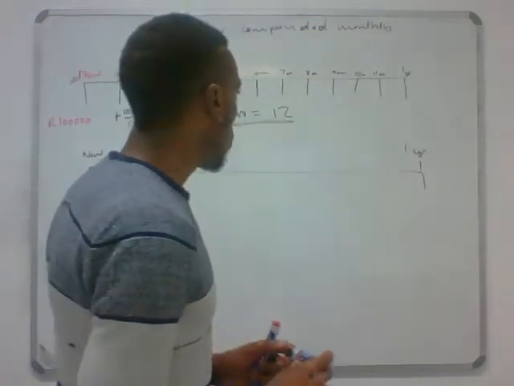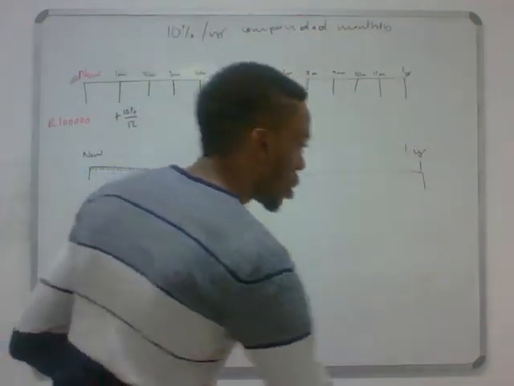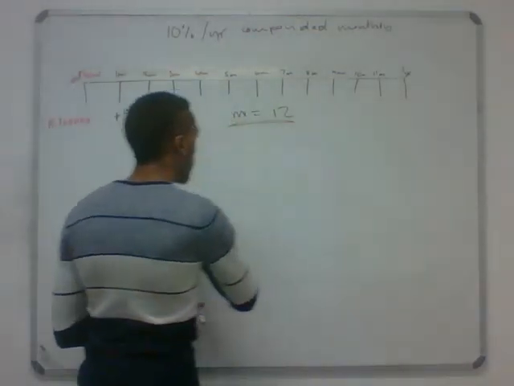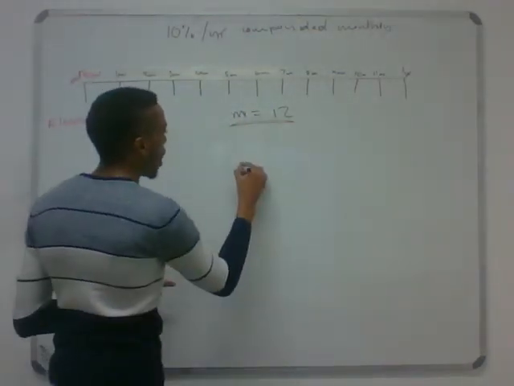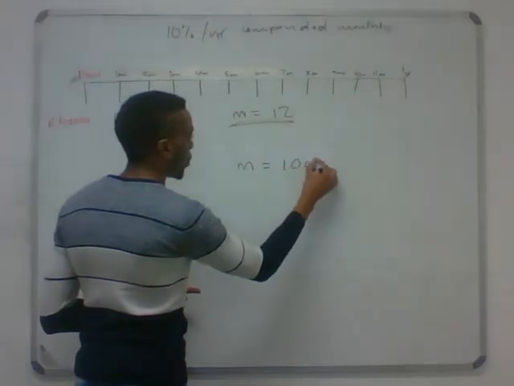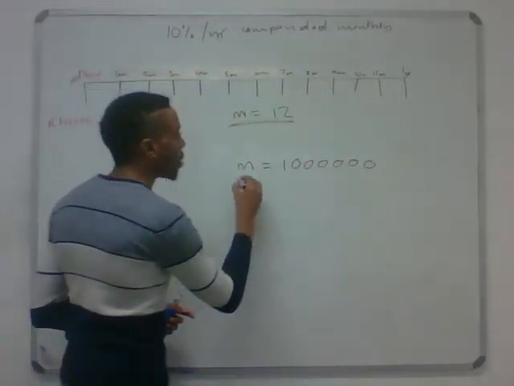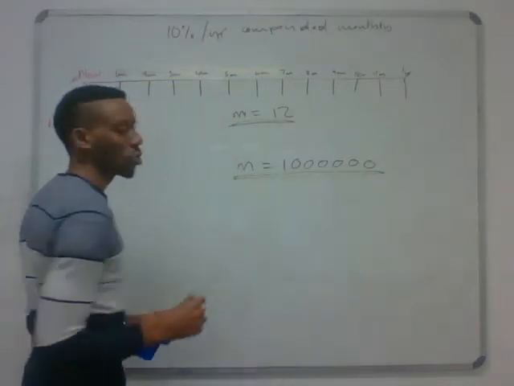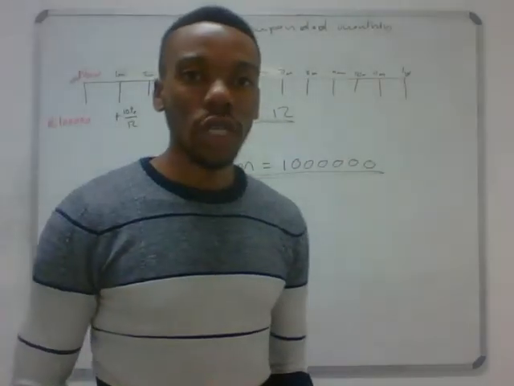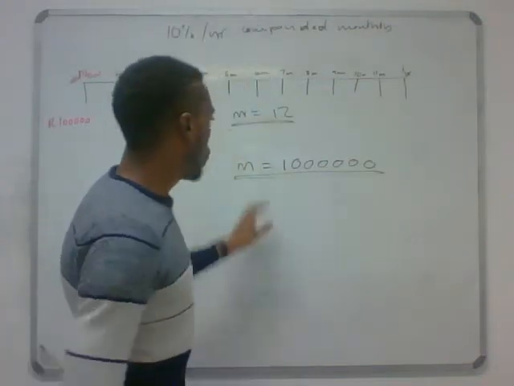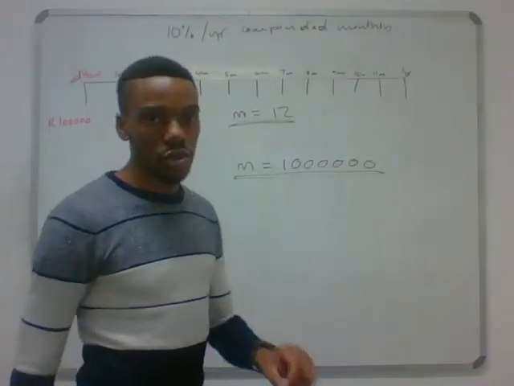So when they say continuous compounding, you can use the same formulas as the one for the ordinary compounding, but this time you make your M equal to 1 million. Then the moment you make your M 1 million, you will see that your answer is going to be very close or it's actually going to be the answer that you see in your solution. I guarantee you, if you use this, it's going to be the answer that is in your solution.